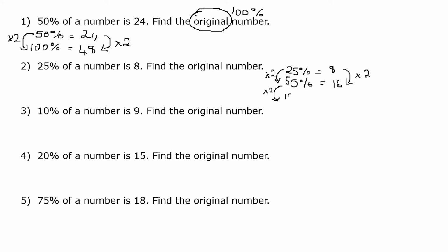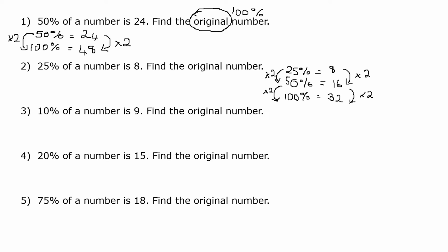And then if I double my 50%, and also double my 16, that will get me to 32. So my original number's 32. Now you can do the two steps, you can double it and double it again, or you could just multiply by 4 straight away, because 25% times 4 will give you 100%.